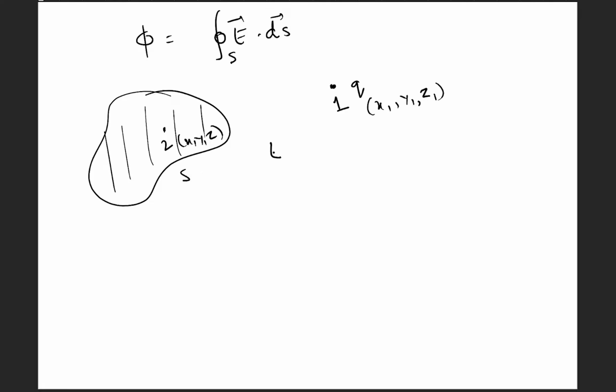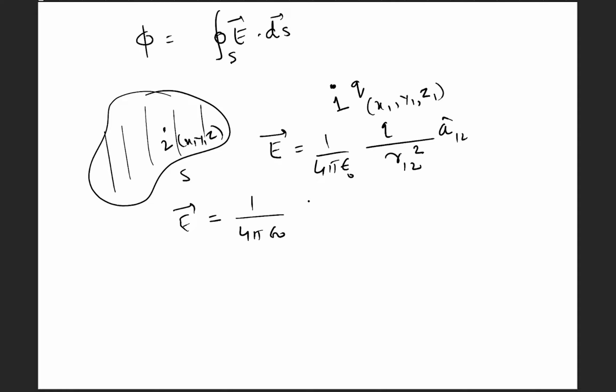Now we can write this E as 1 by 4 pi epsilon naught q by r12 squared, or in other form we can utilize our previous derivation only, 1 by 4 pi epsilon naught q, and this is minus of gradient of 1 by r12.